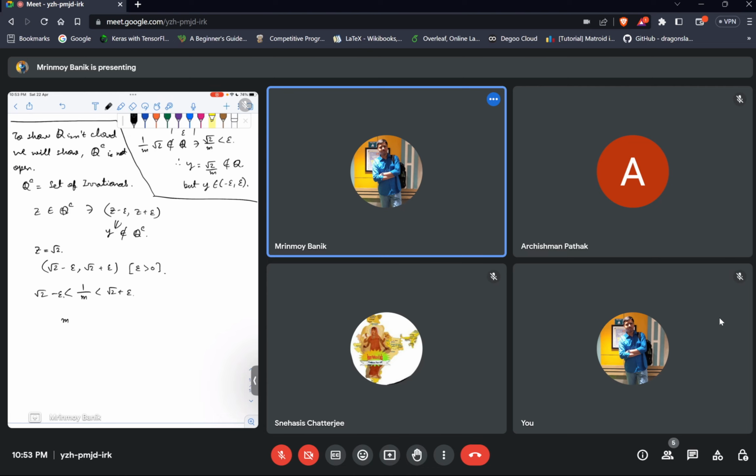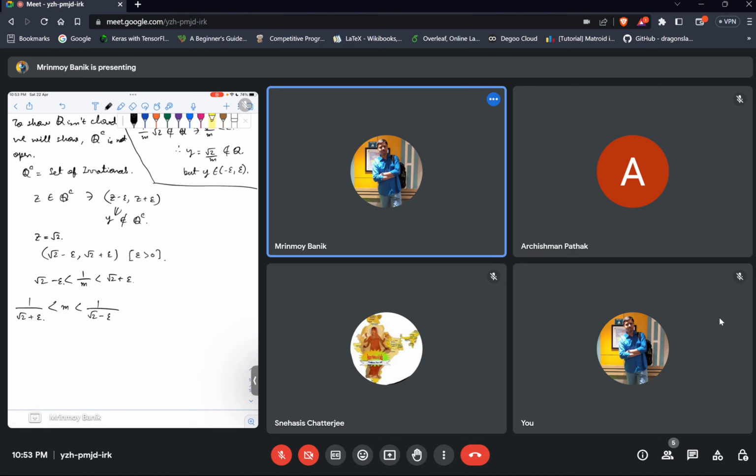So that means m has to be less than 1 by root 2 minus epsilon, and then m has to be more than 1 by root 2 plus epsilon. Here I'm assuming epsilon is less than root 2. Otherwise, we have to flip the inequalities.